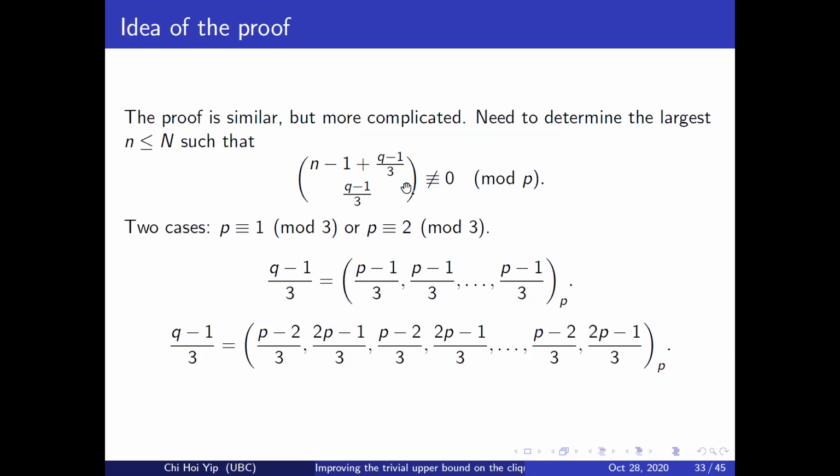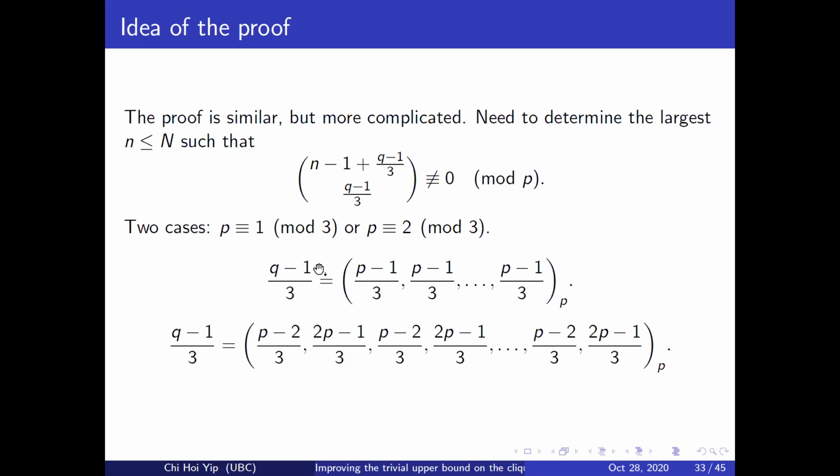So again, we would like to find the largest little n bounded by capital N, such that this binomial coefficient does not vanish. So the first thing we need to do is to understand the base P representation of Q-1/3. And in this case, there are actually two different cases, two different patterns on Q-1/3. The first case is P is congruent to 1 modulo 3.